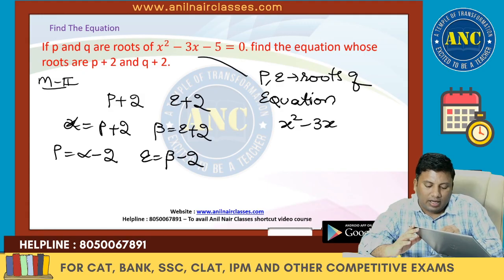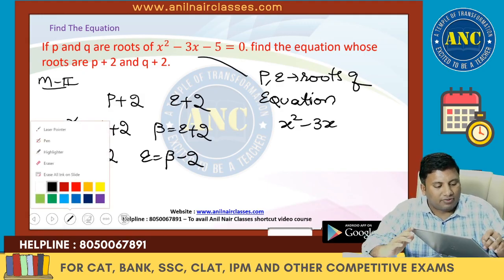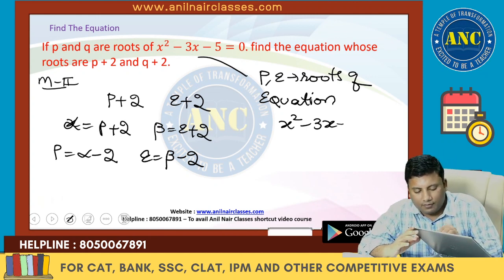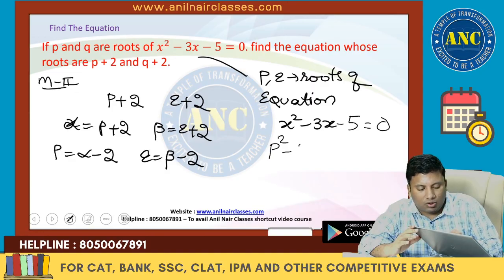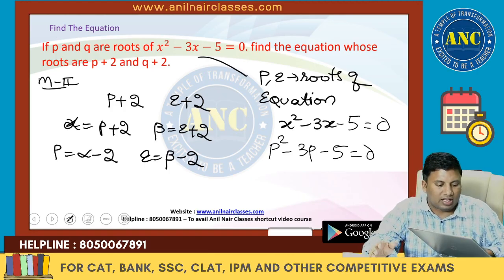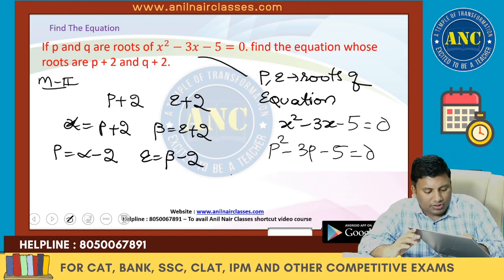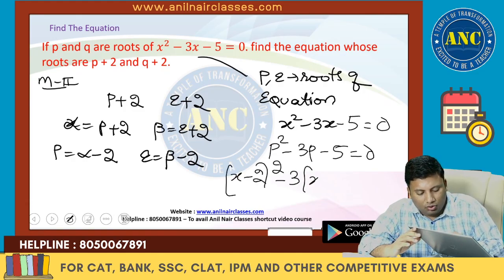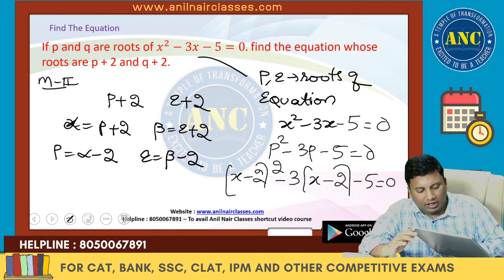X square minus 3x minus 5 equivalent to 0. If p is a root, p square minus 3p minus 5 equivalent to 0. Substitute p as x minus 2: x minus 2 whole square minus 3 into x minus 2 minus 5 equivalent to 0.